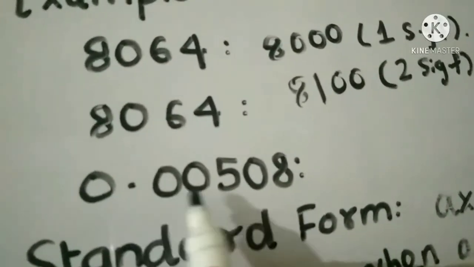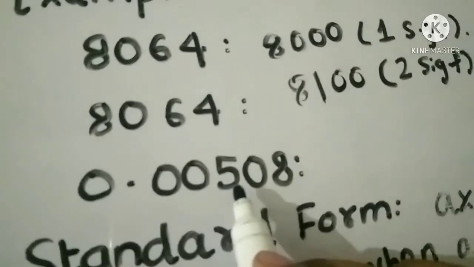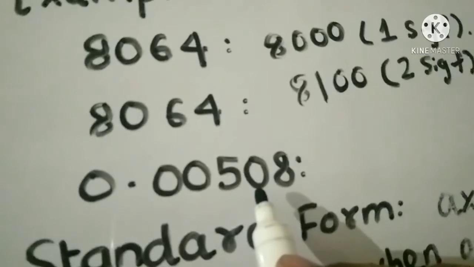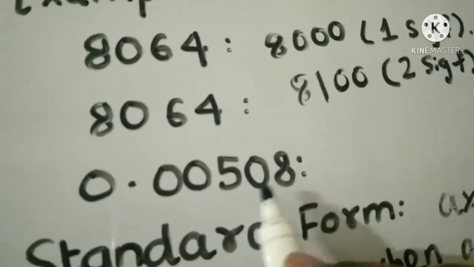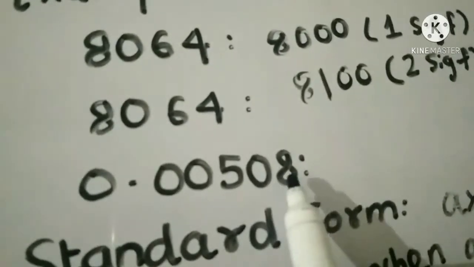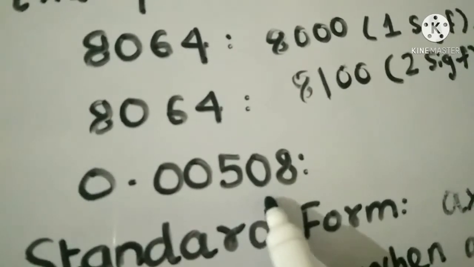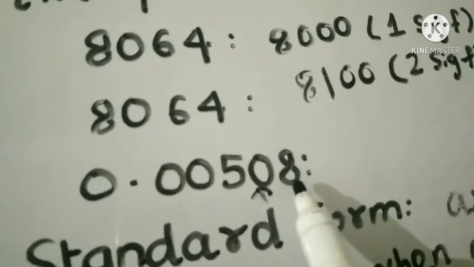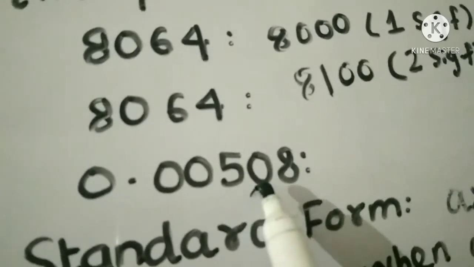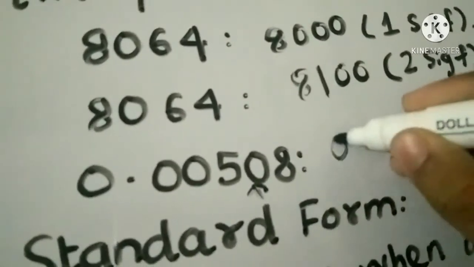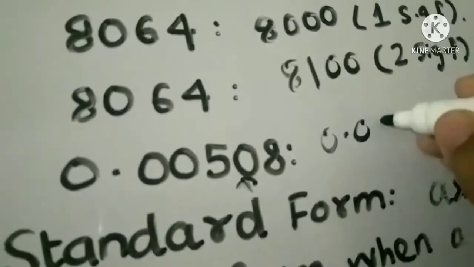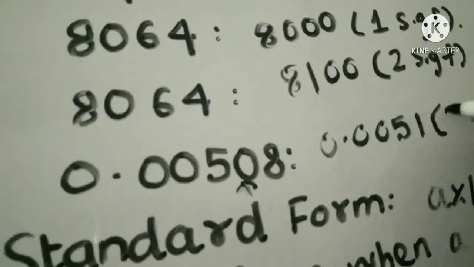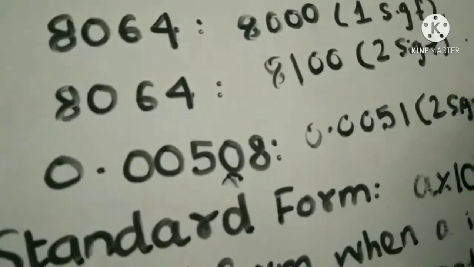From the left side, the second non-zero number is 0, and we will round off the 0.00508 by checking this number. As 8 is more than 5, so 1 will be added to it and it will become 0.0051 for two significant figures.